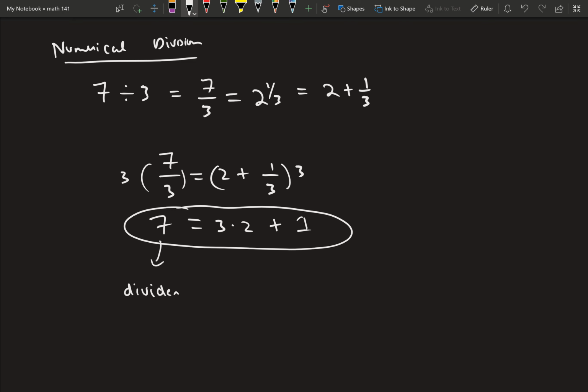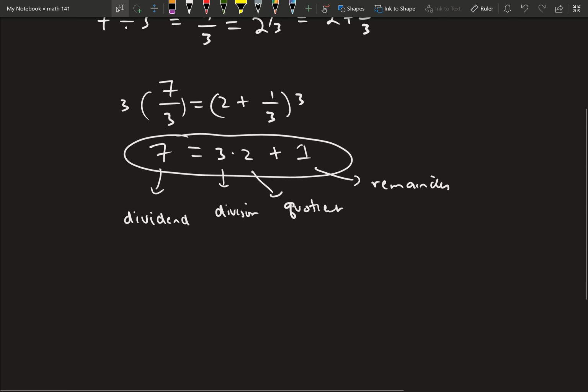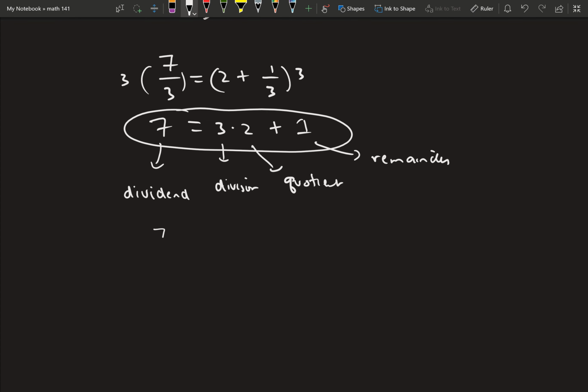dividend. This was our divisor. This is what's called a quotient. And this is the remainder. You're dividing 7 by 3 to get a quotient of 2 and a remainder of 1. Or the other way, where you have 7 divided by 3 is equal to 2 plus 1 divided by 3.